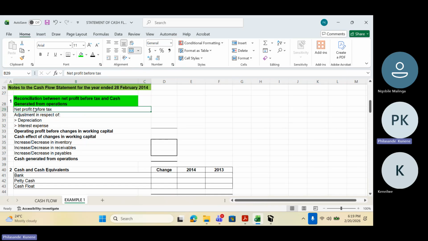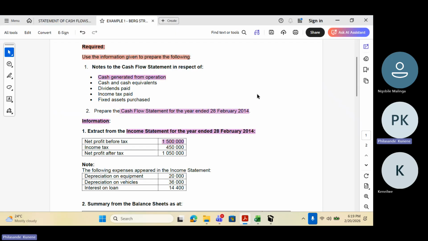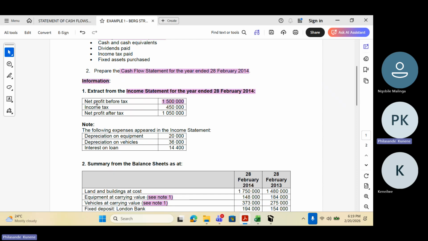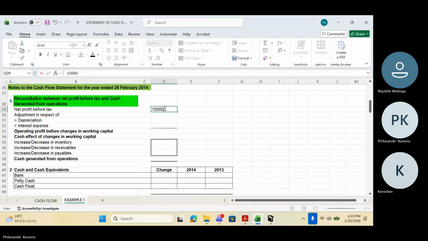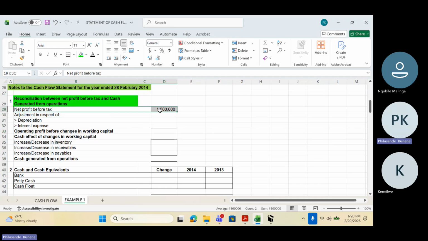So going to our information, net profit before tax, how much is it? 1,500,000 rand. This is the 1,500,000 rand that I will take and record here because it is part of the net profit before tax.